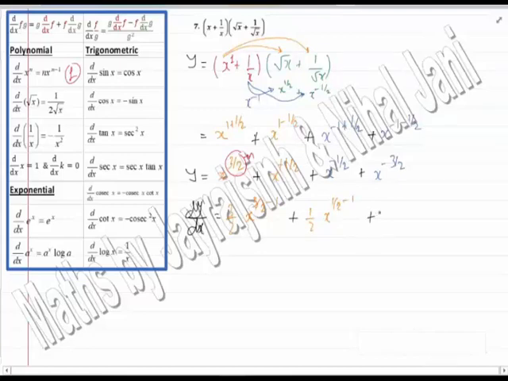In third term we will get minus 1 by 2 x raised to minus 1 by 2 minus 1 and minus 3 by 2 x raised to minus 3 by 2 minus 1. Okay, let's simplify to get our final answer. 3 by 2 is as it is. 3 by 2 minus 1 will be 1 by 2 plus 1 by 2. 1 by 2 minus 1 will be minus 1 by 2.